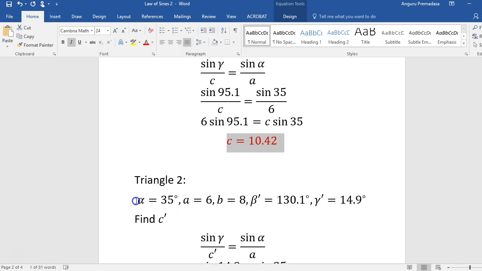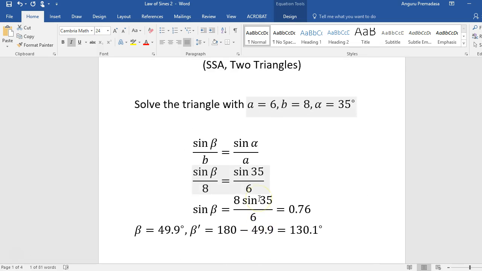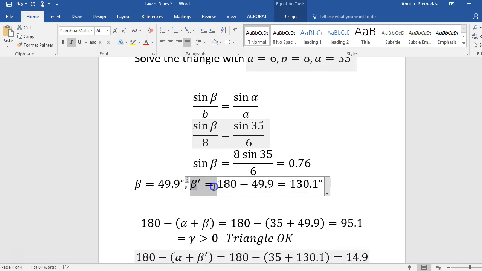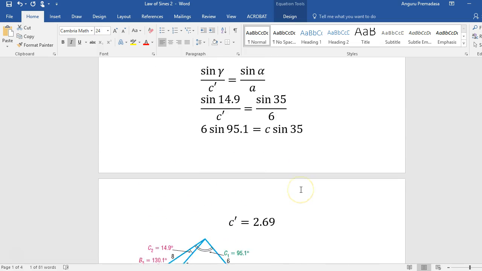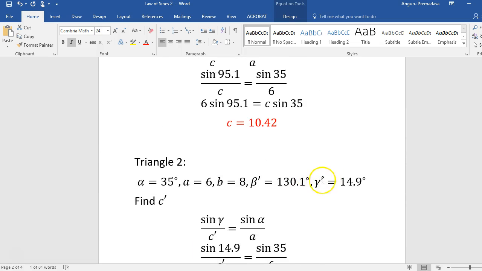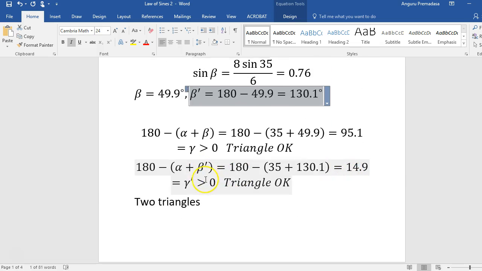Now in triangle 2, alpha, A and B are the same, but for triangle 2, gamma and beta become gamma prime and beta prime. What is beta prime? Beta prime is that second angle that we found here, which is equal to 130.1. And gamma prime, on the other hand, is the second gamma angle that we found right here, which is 49.9.